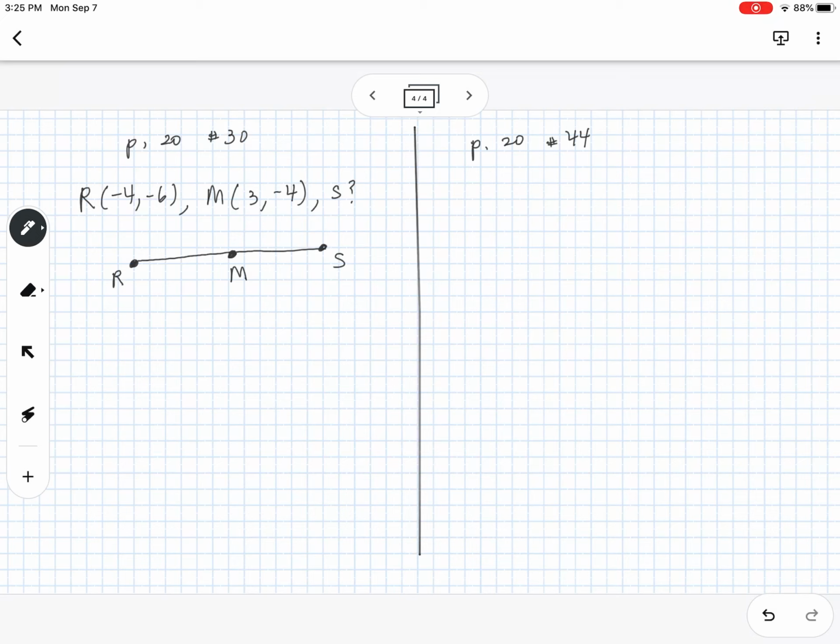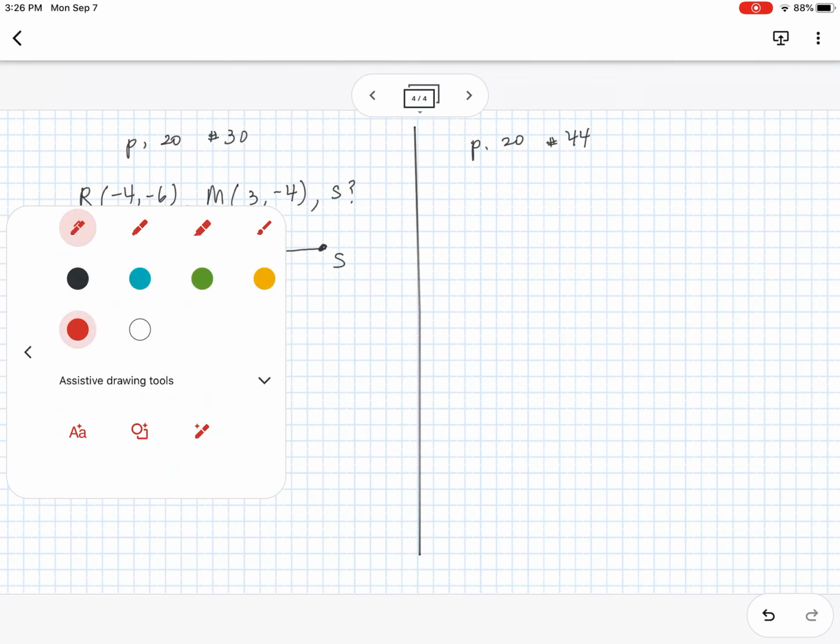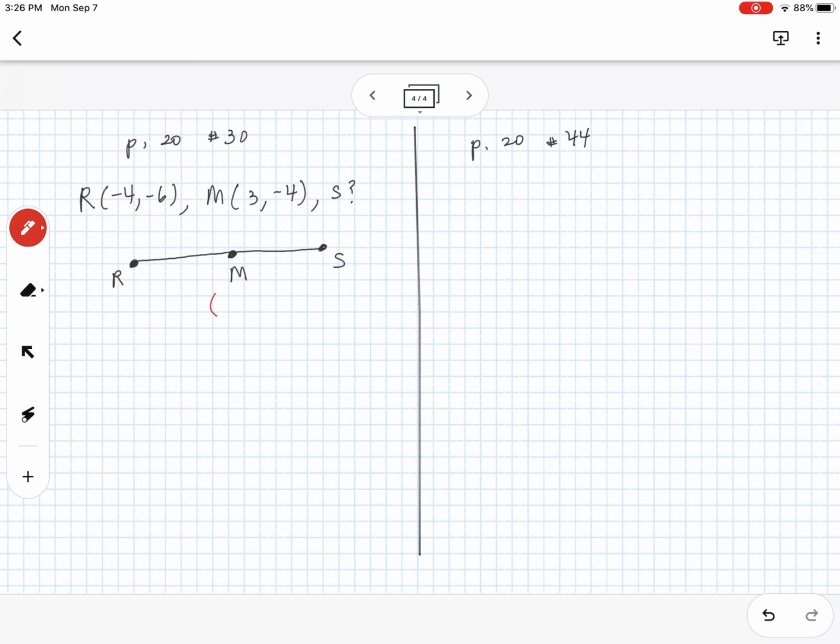So just by looking at it, would you say that's a midpoint problem or a distance problem? Okay. Hopefully you can see that will be a midpoint problem, because right here we see a midpoint of 3 comma -4, and then we see an endpoint of -4 comma -6. Now we just need to figure out what this guy is.